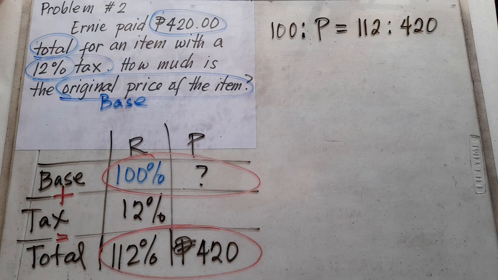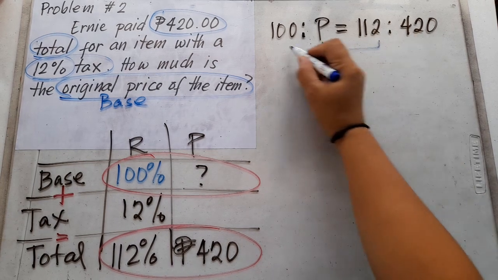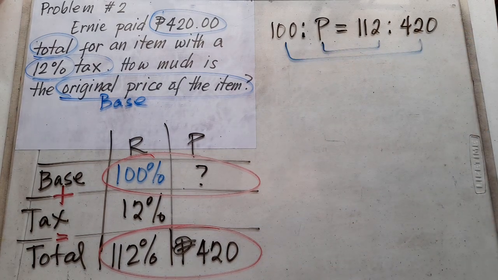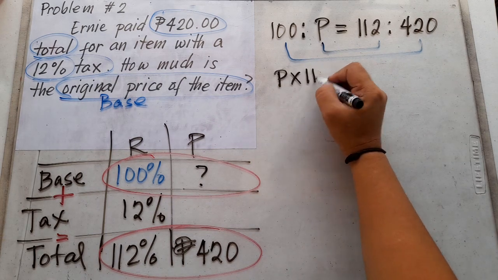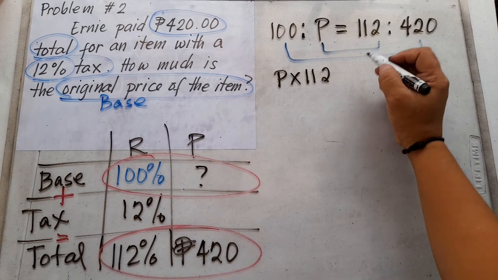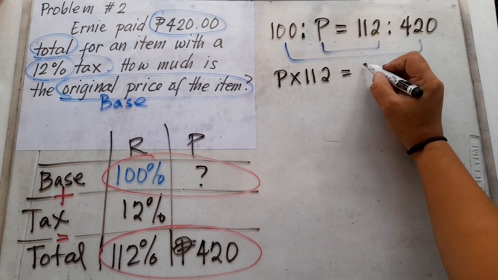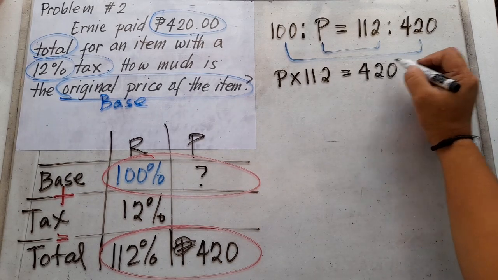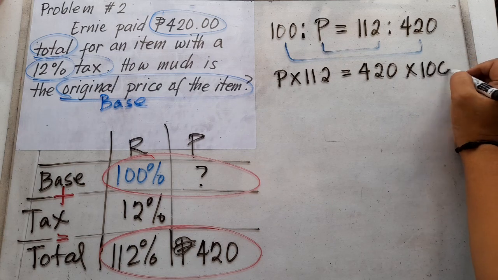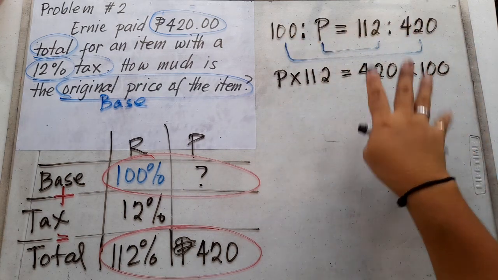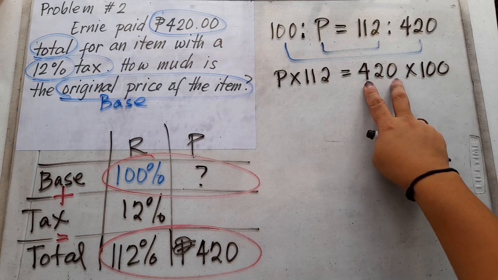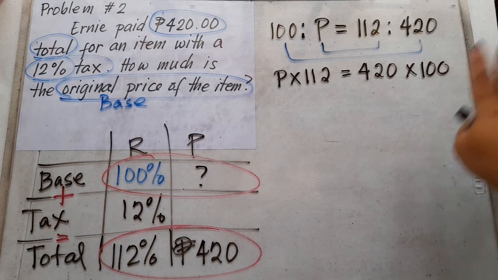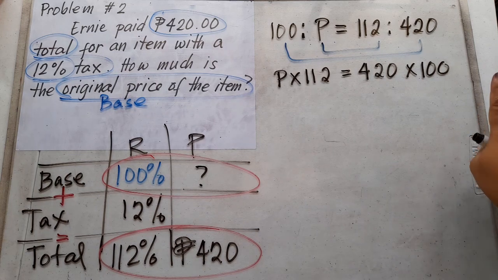Then, we multiply the means and the extremes. We'll come up with P times 112 equals 420 times 100. Ma'am, baliktad po. Okay lang yan. Kasi multiplication is commutative. 420 times 100 is the same as 100 times 420.